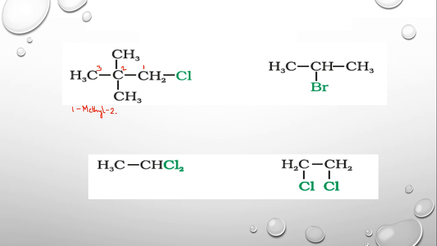Now on the second carbon atom you have attached 2 methyls. So 2 methyls and hence 2, 2. You have 2 and hence you are going to write down as di methyl and 3 carbon atoms, so it is going to be propane.